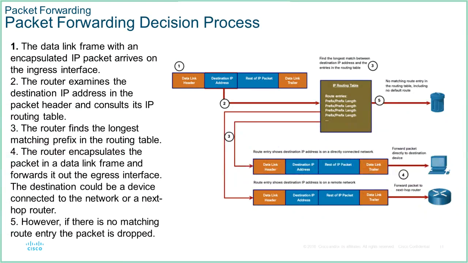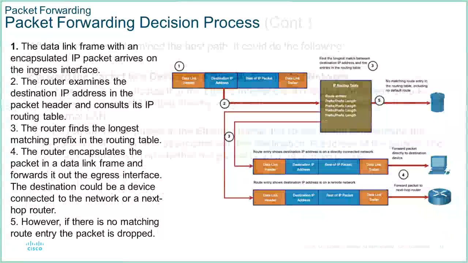If it is not a directly connected network, it's forwarding it to the next hop or the next router along the path to its final destination. If it doesn't have a match in the routing table and it doesn't have a default route configured, the packet is dropped. It's discarded, put in the bin.